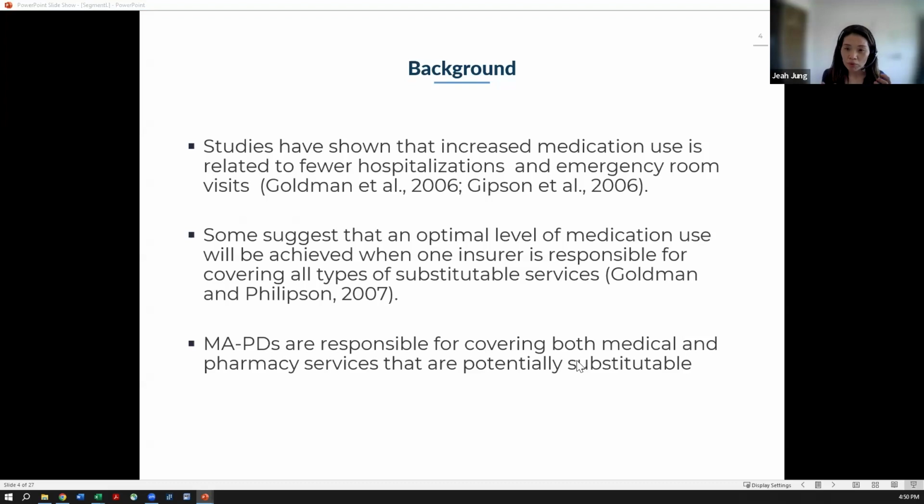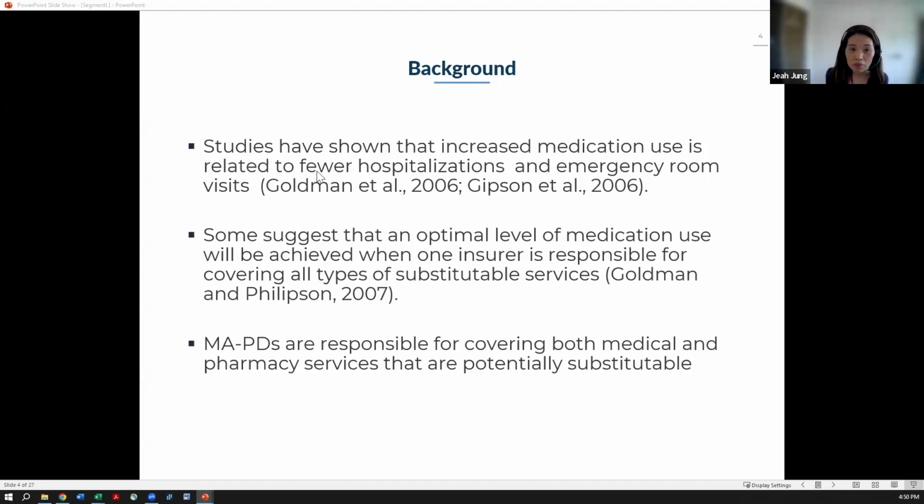We have two different types of services that are potentially substitutable, which means that when you use one service more, you can reduce use of the other. The discussion says that when there are two, or even three, types of services that are substitutable, you can achieve an optimal level of medication use when those services are provided by one insurer.